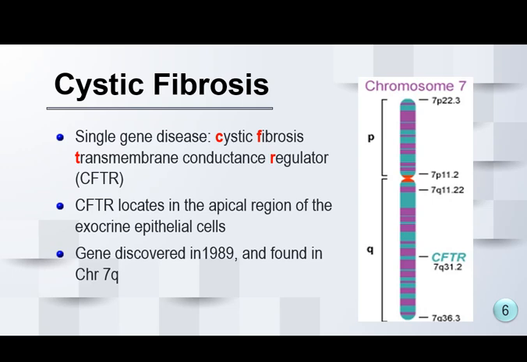The CFTR is located in the apical region. Do you know what the apical region is? Of your exocrine epithelial cell. So do you know the orientation of your epithelial cell? Do you know what the basement membrane is, right? So the cell will sit on the basement membrane.